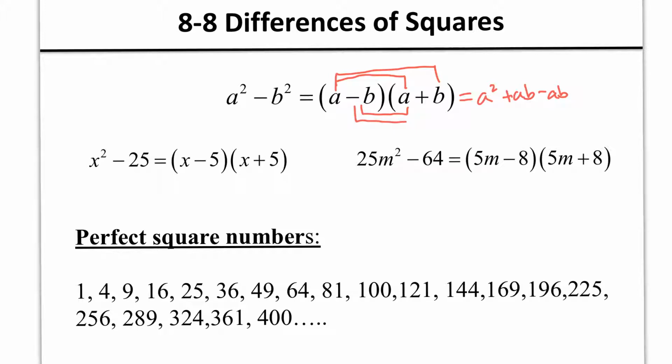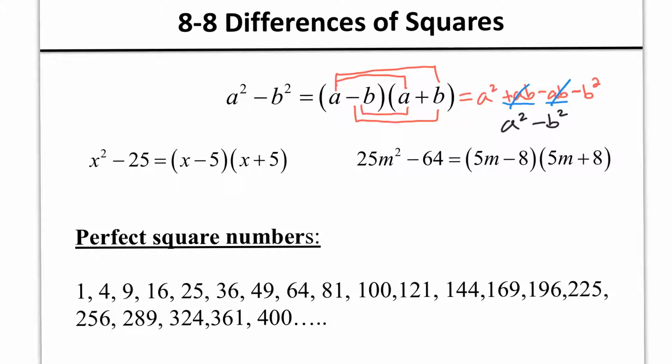Then negative b times positive b gives us negative b squared, remember that you add the exponents. Now the terms in the middle, positive ab minus ab, cancel, and we get a squared minus b squared. So eventually you get that polynomial back.